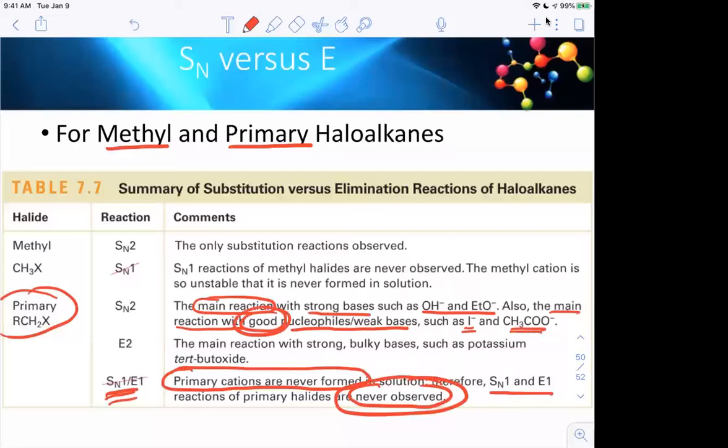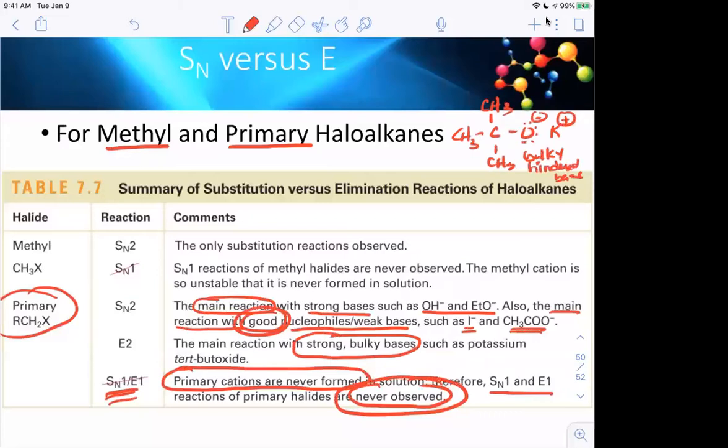E2 is going to be favored with strong, bulky bases. So potassium tert-butoxide. If I have tert-butoxide, this is really, really bulky. This is a bulky, hindered base.